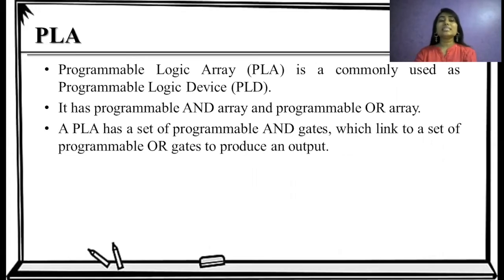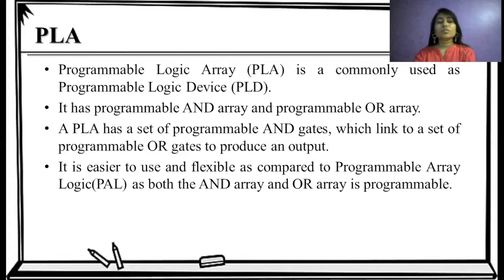So basically this PLA has first programmable AND gates, and then these programmable AND gates can connect with programmable OR gates to produce an output, or say to produce a logical function in terms of SOP form. It is easier to use and flexible as compared to programmable array logic, as both the AND array and OR array are programmable.